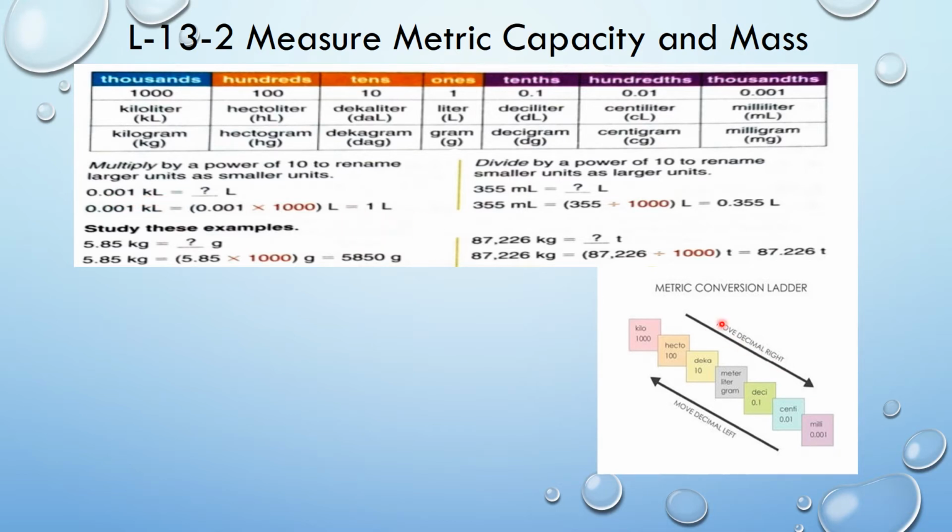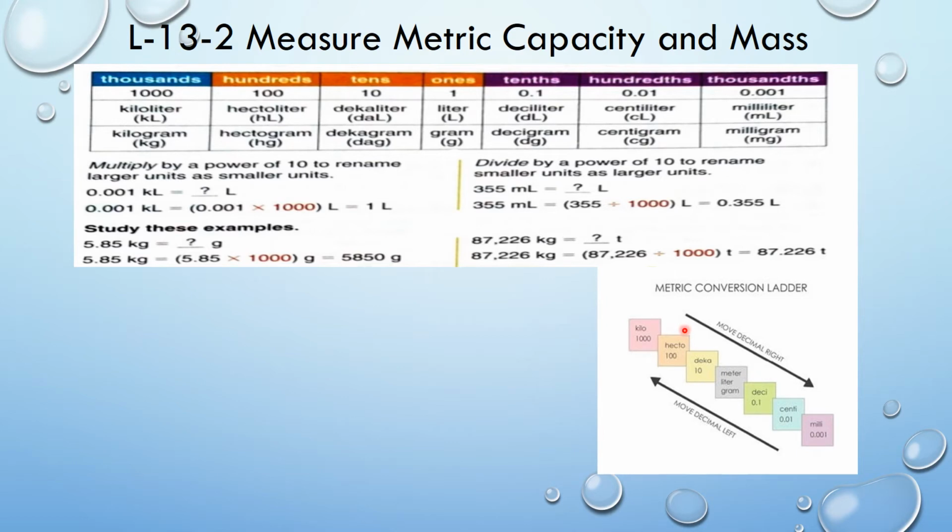With the help of this metric conversion ladder, you can solve. You can see 5.85 kg. Convert into the gram. Then where is the kg again? Here, and gram here.